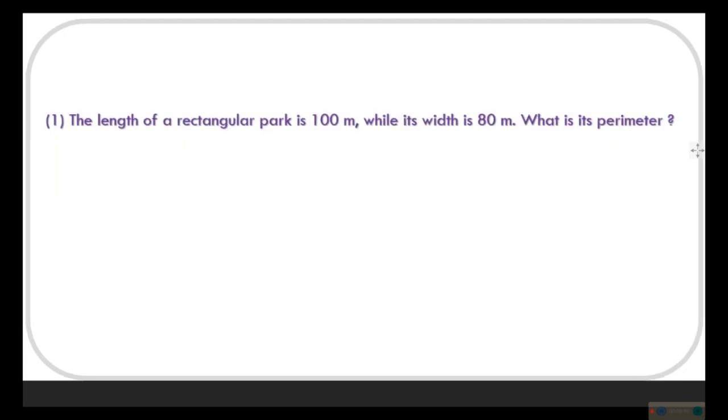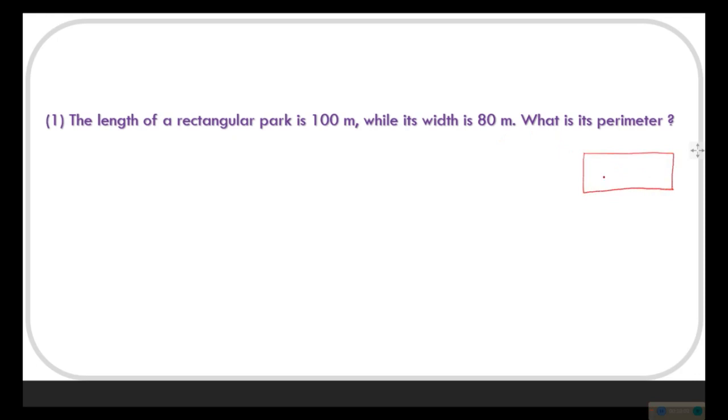The length of a rectangular park is 100 meter, while its width is 80 meter. What is its perimeter? The question has been asked. What we normally have to do in this kind of situation is simply draw a rectangle here roughly with pencil.